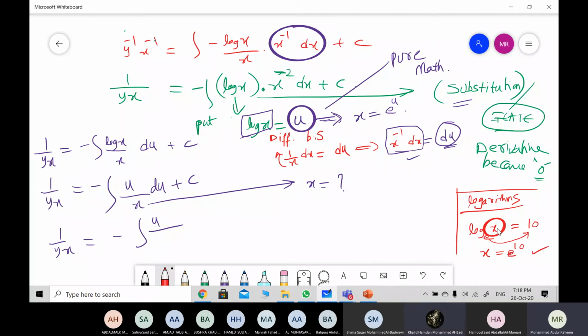This is the property. So like that, if you want this x, you have to write e here, like this. This will go up like this. Clear? So here this x is how much now? e power u.